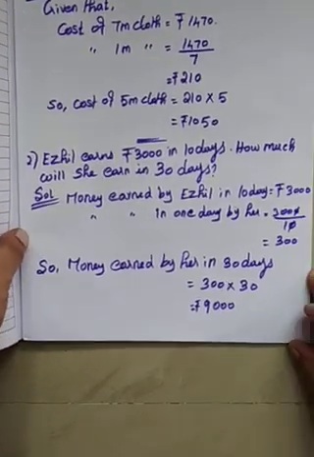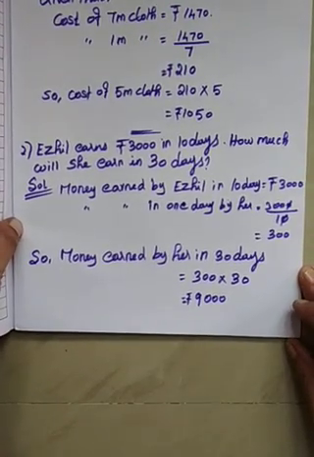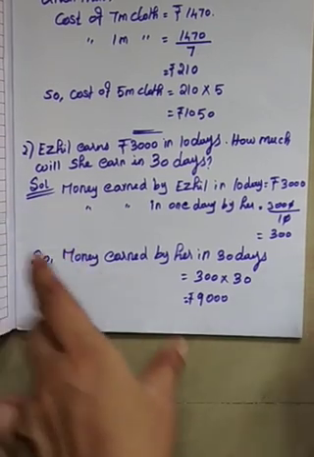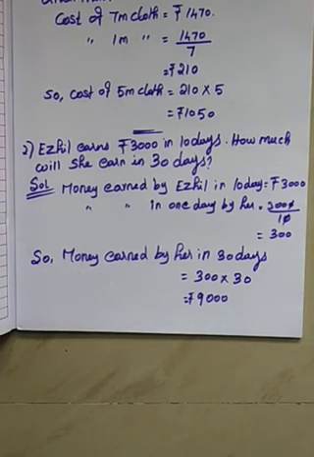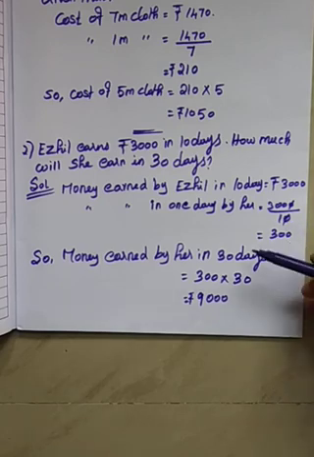Everybody clear? Okay. So the same procedure for that problem. So here the given condition is Elil earns 3000 in 10 days. So first of all you have to find money earned in 1 day by Elil. So you will get the value 300. So next you have to find money earned by her in 30 days.